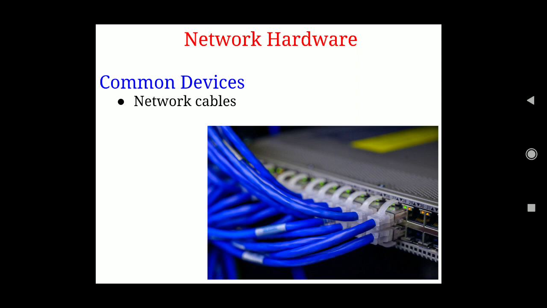The right part box is called the hub or switch, wherein you are seeing that the blue cables are being connected to that particular box in the ports, and the ports are specific. They are called RJ45 ports.